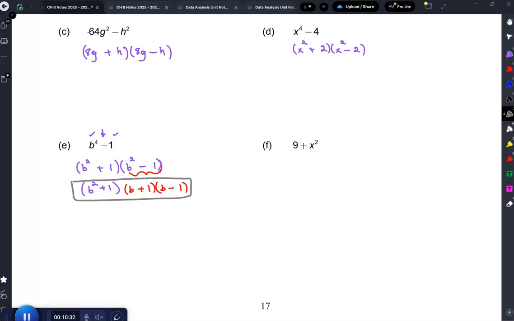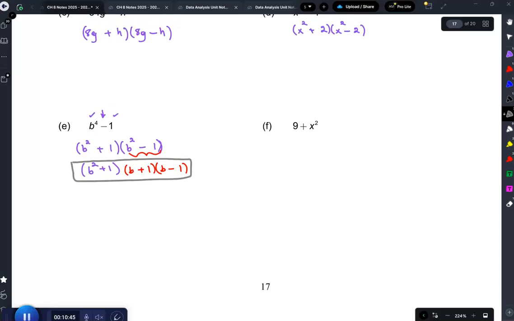So, just saying. The final answer, why did you repeat b plus 1, b plus 1? I didn't repeat. In the first case, it's b plus 1, b minus 1. And why did you b plus and b minus? Well, first it was b squared minus 1. This was b squared minus 1. But that could be factored more to b plus 1 and b minus 1.